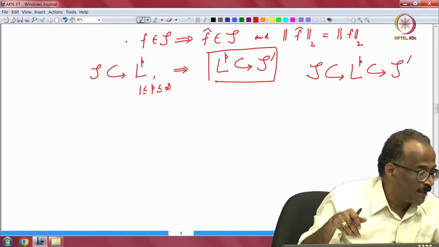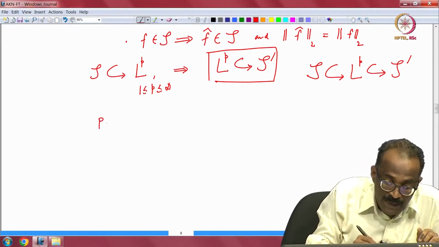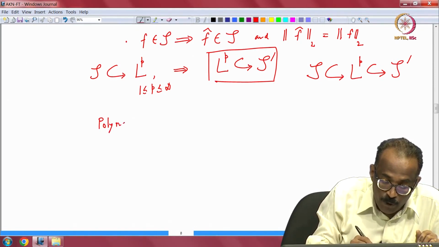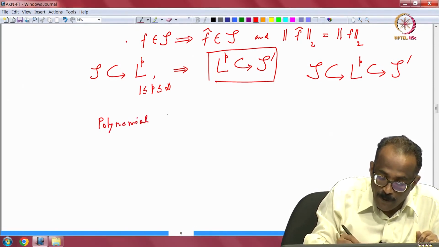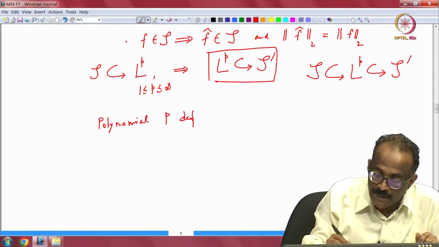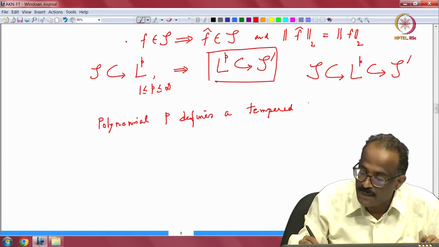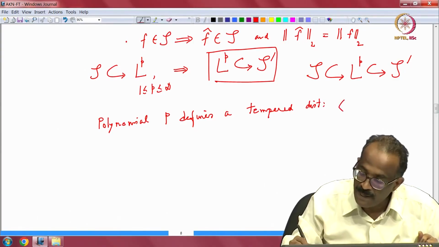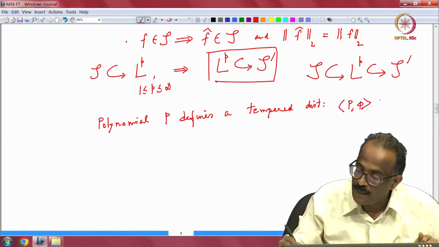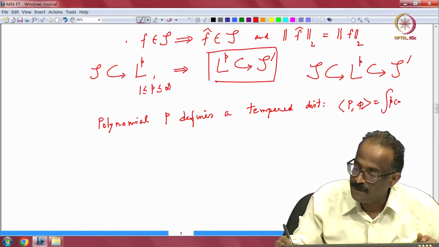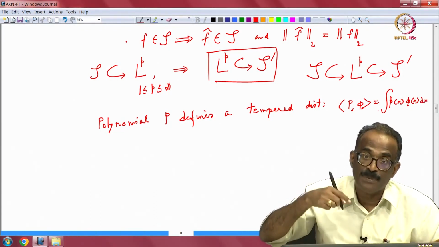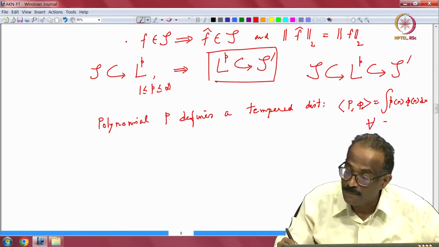Every polynomial P defines a tempered distribution in the following way: P acting at phi is equal to the integral of P of x phi of x dx, and the right hand side is finite because phi is rapidly decreasing, for all phi in zeta.